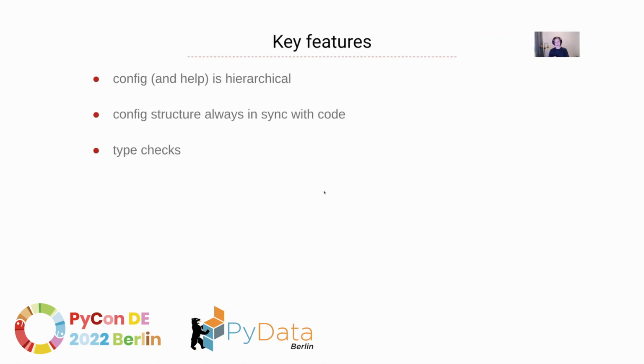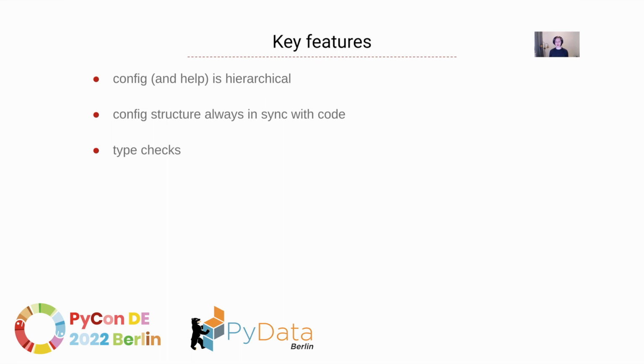Okay, let's look at the key features we've just seen. Both the config and the help can be hierarchical. The config structure always replicates your code, so whenever you add a new member variable to a class, it will also appear in the config.